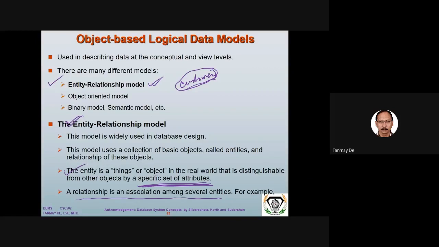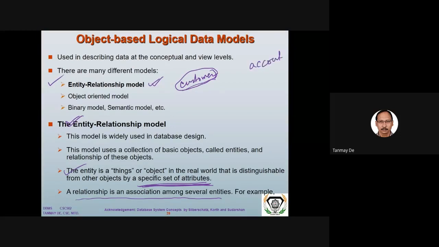By name, is it not? By name, or, if we consider reality, by Aadhaar number, by PAN number, is it not? So these customer objects differ from each other by a set of attributes. Say, attributes we can consider: customer ID, customer name, customer address, and so on. Similarly, another object is the account.